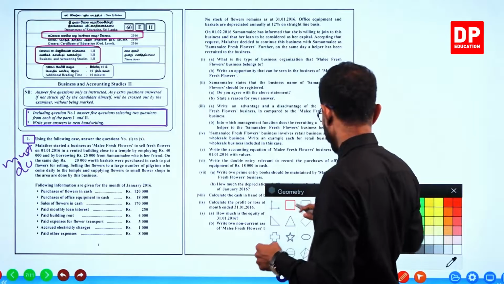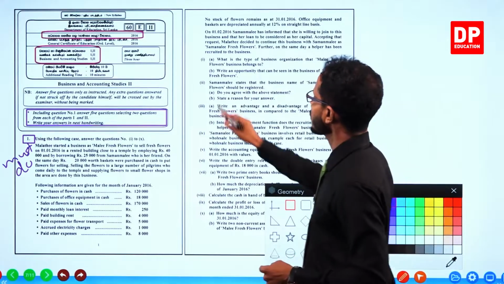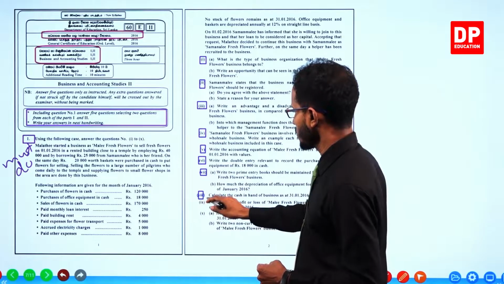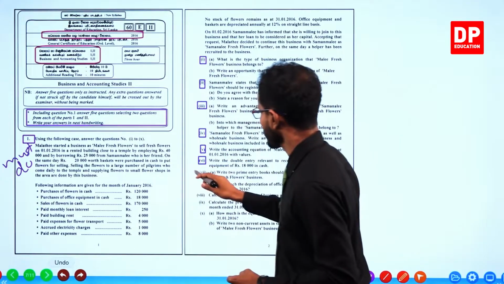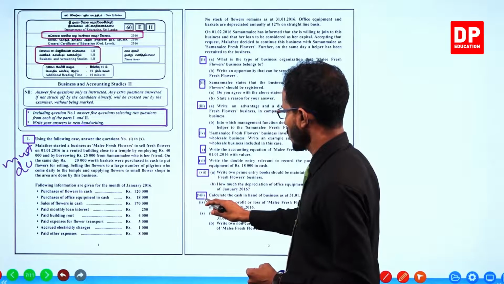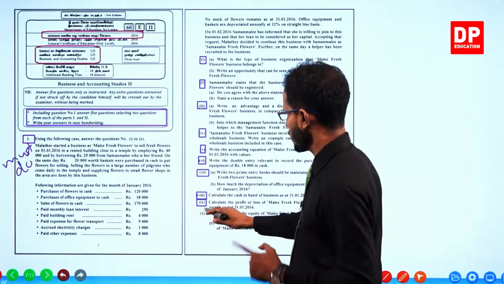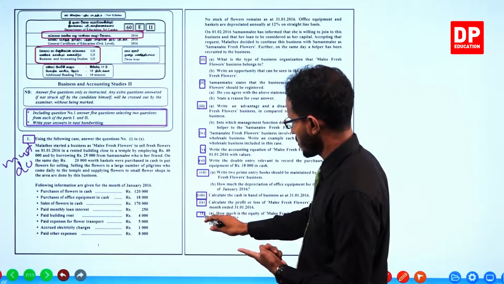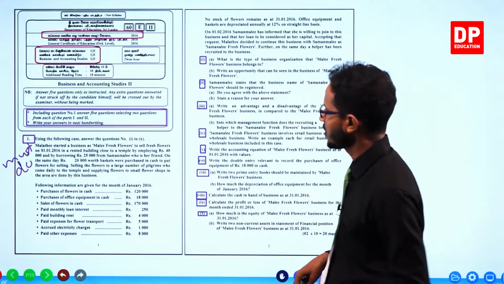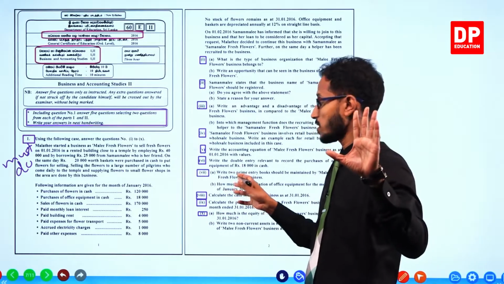Okay, let me do it this way. 1, 2, 3, 4, 5, 6, 7, 8, 9, and 10. 10 subparts.